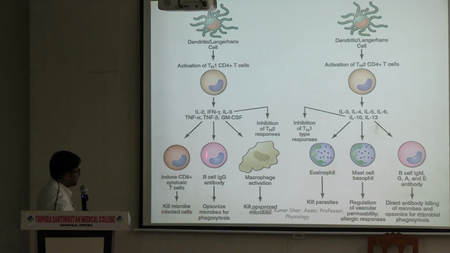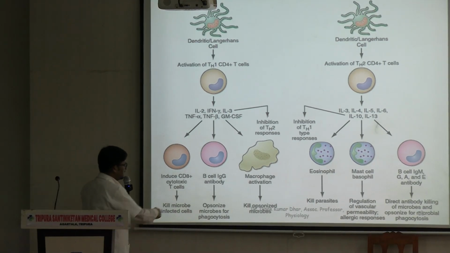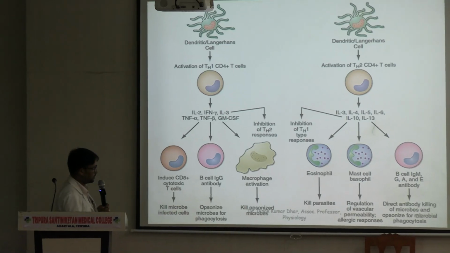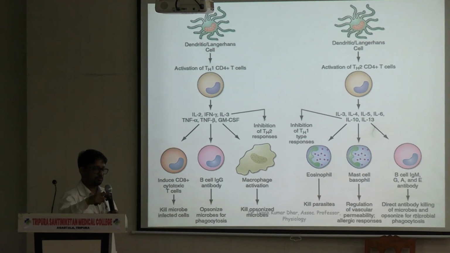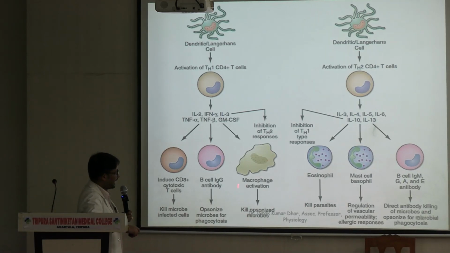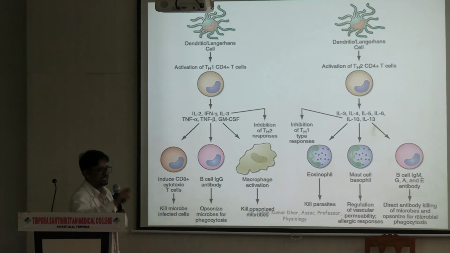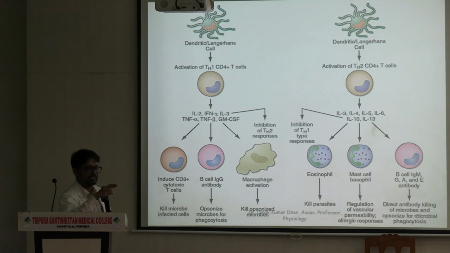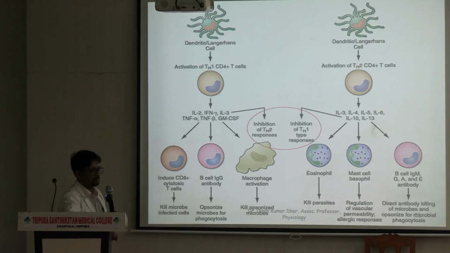Why TH1? You look at the effects of TH1. TH1 induces a cytotoxic response, right? It increases opsonization. So opsonization will further enhance phagocytosis, right? And it activates the macrophages. At the same time, it is also inhibiting the TH2 response. So in the body either a TH1 response will happen or TH2. We talk of the helper because there is a mutual inhibition.